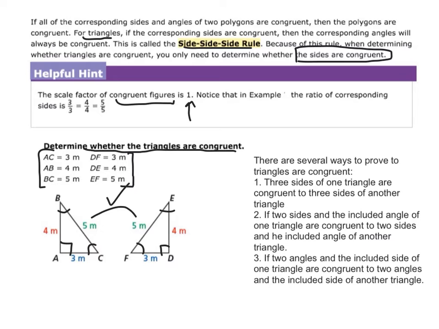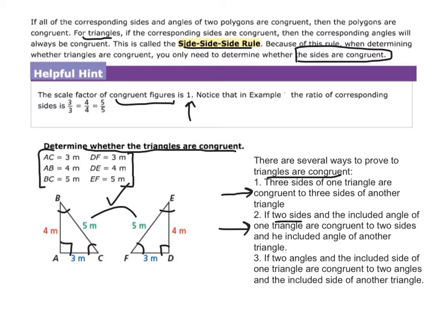There are several ways to prove if triangles are congruent. If 3 sides of one triangle are congruent to 3 sides of another triangle, then the triangles are congruent. If 2 sides and the included angle of one triangle are congruent to 2 sides and the included angle of another triangle, then the two triangles are congruent.